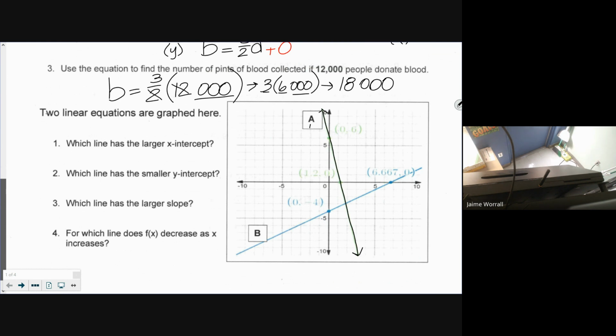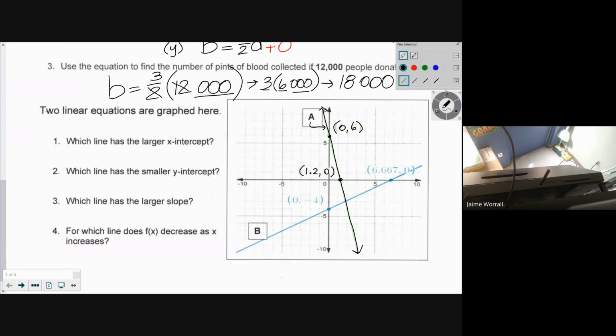And this is line A. Line A has a y-intercept. It's barely legible on your paper. So its y-intercept is (0, 6). And then its x-intercept is what looks like (1.2, 0). Then grab your red marking device and let's make line B red.